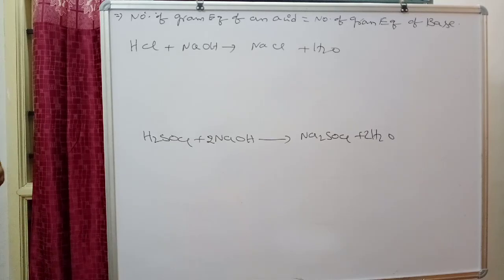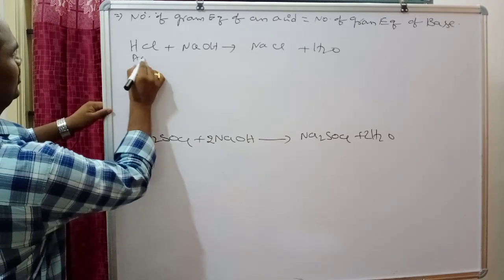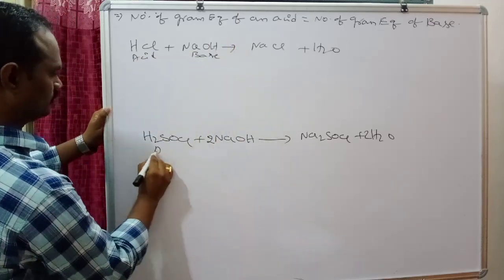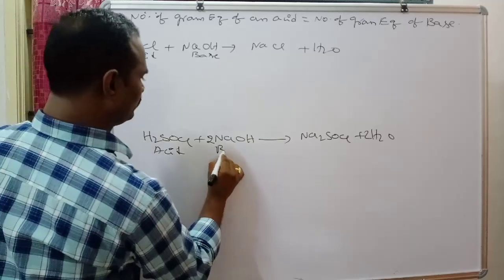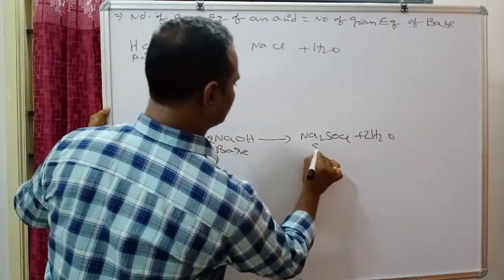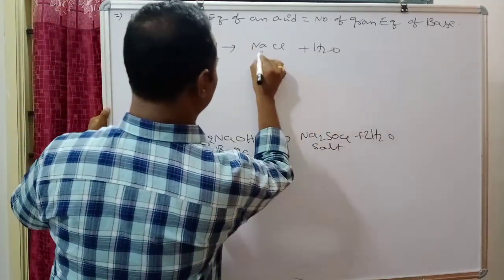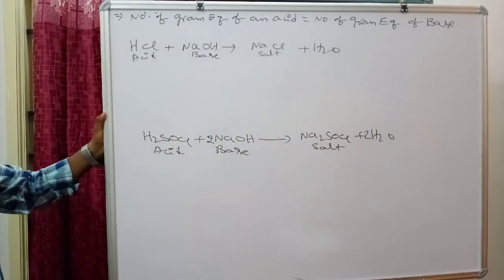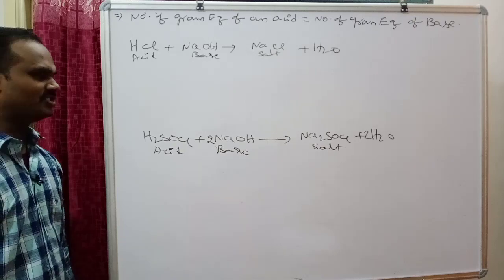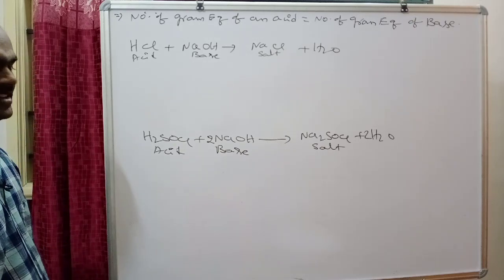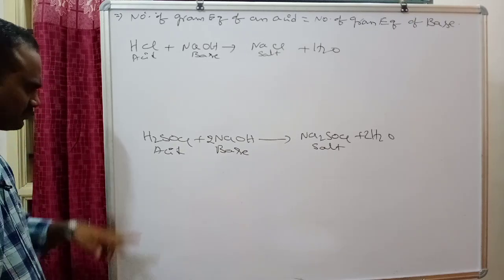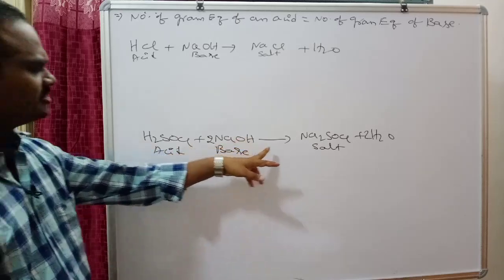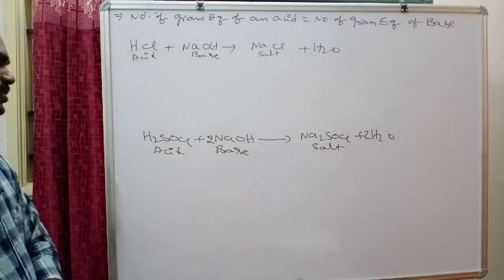Carefully see, in these acid-base reactions we get salt and water. HCl plus NaOH gives NaCl plus H2O. The same way, H2SO4 plus 2NaOH gives Na2SO4 plus 2H2O.